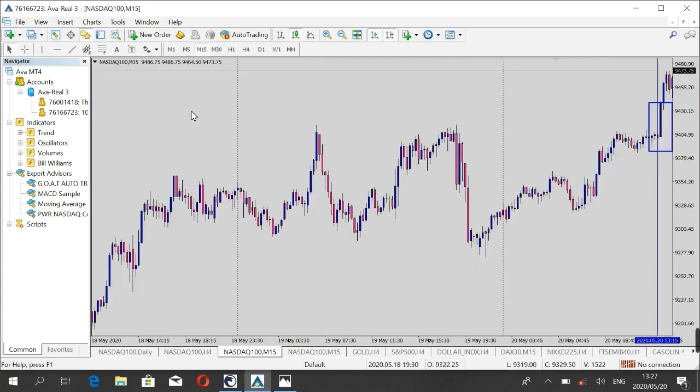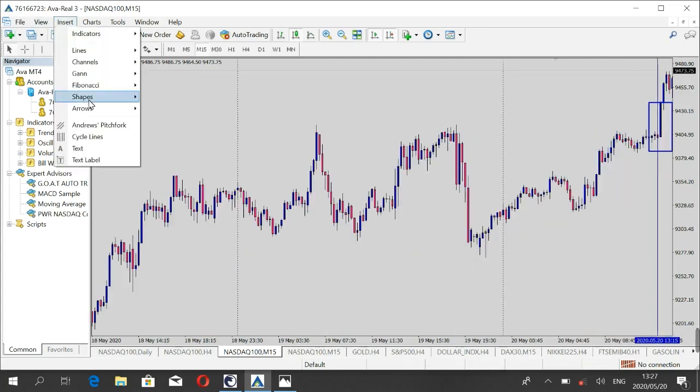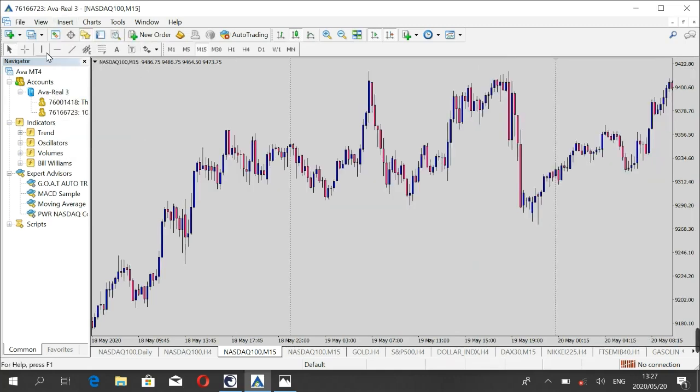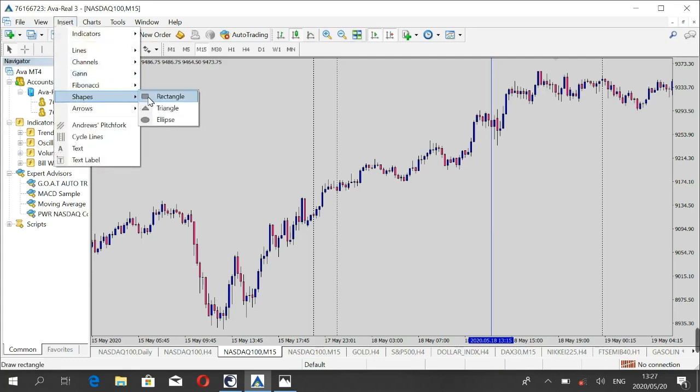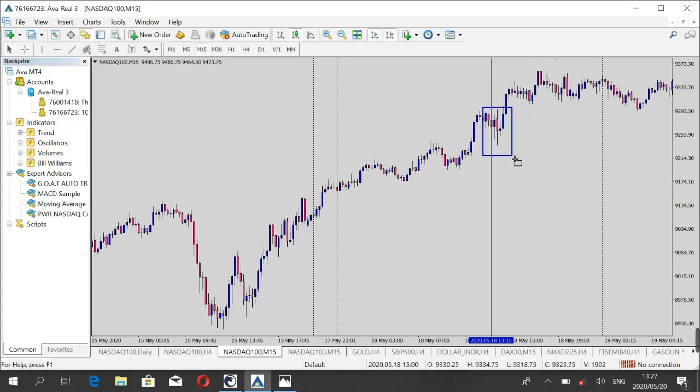Okay, let's move to another example. Here's our 15:15 candle.